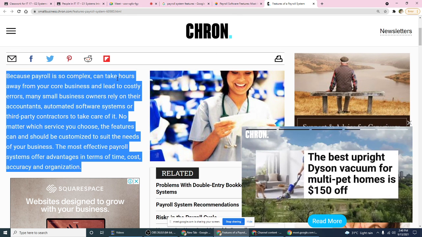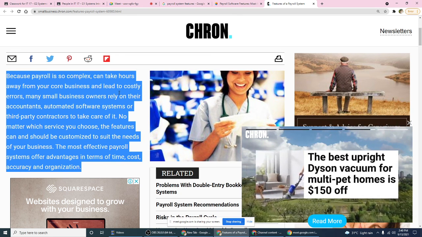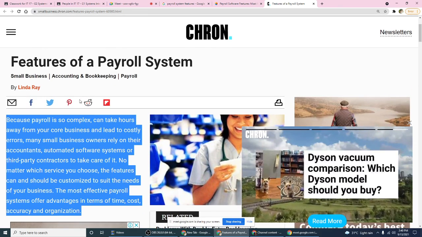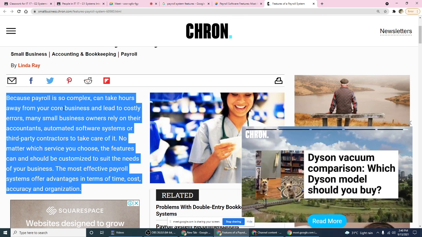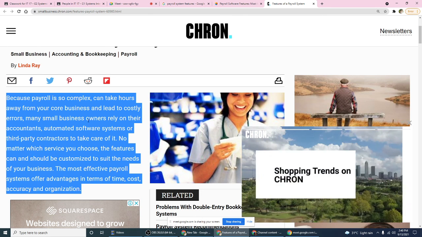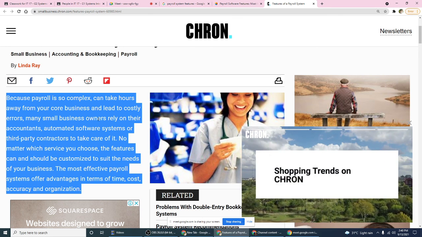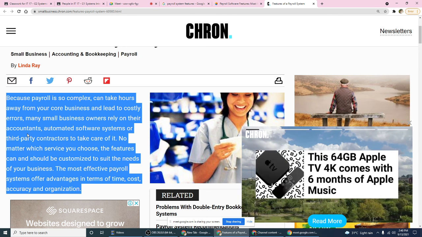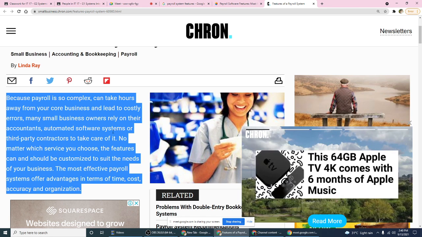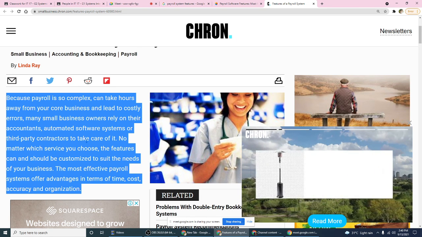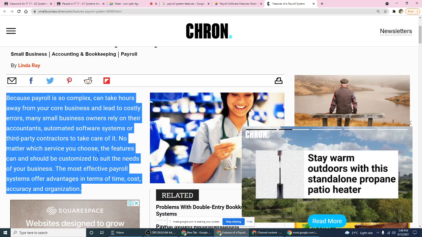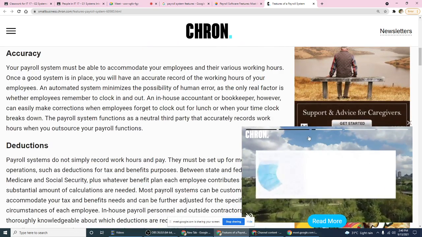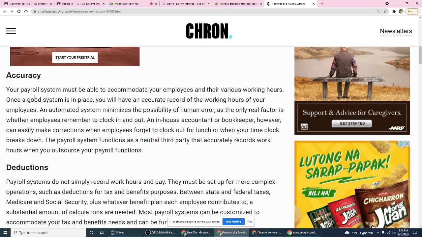So there are some negative things about the payroll system, perhaps pertaining to the old or manual transaction of payroll. Many small business owners rely on their accountant, automated software system, or third-party contractors to take care of it. So these are the problems. So what is the solution? The solution is this one. So these are the features of the system.